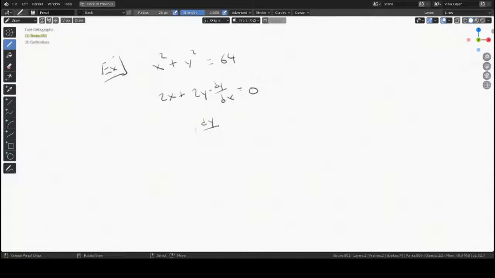Let's rearrange this a little bit. We get negative 2x is equal to dy over dx times 2y. So dy over dx is equal to negative x divided by y. And then that'll give us the derivative of y.